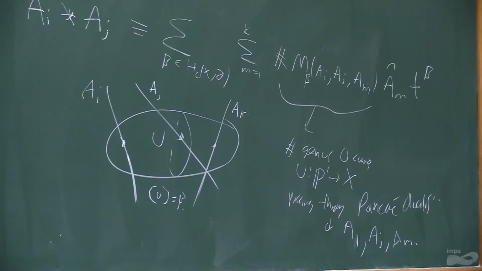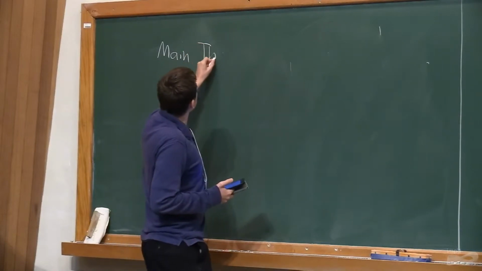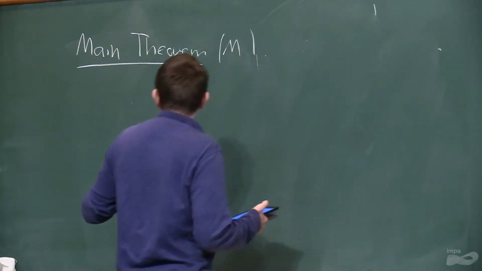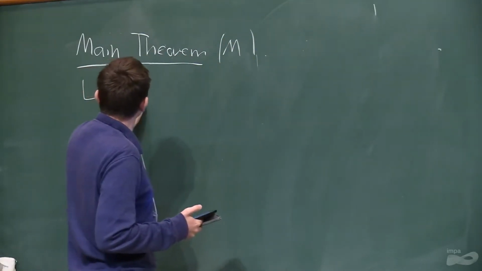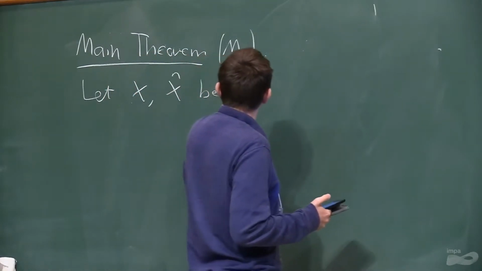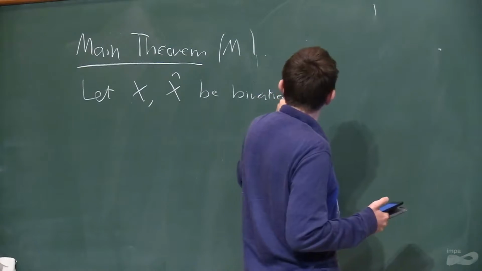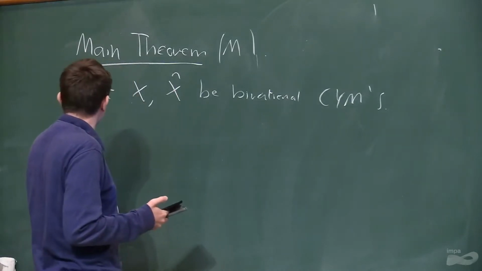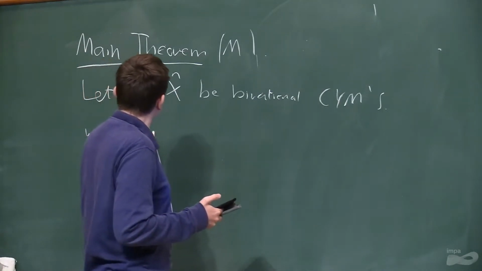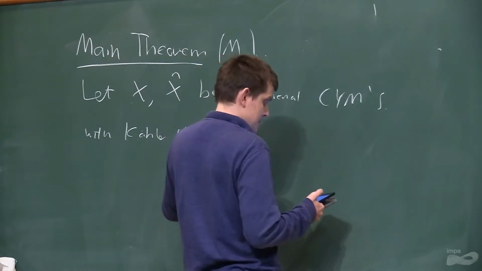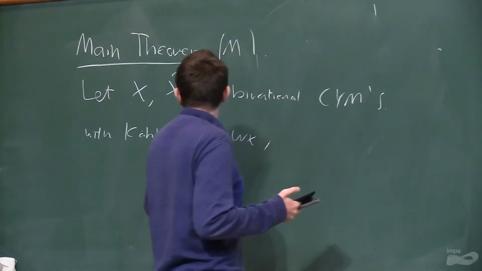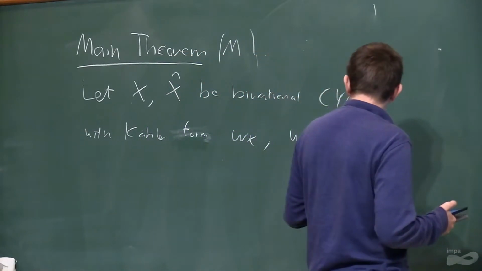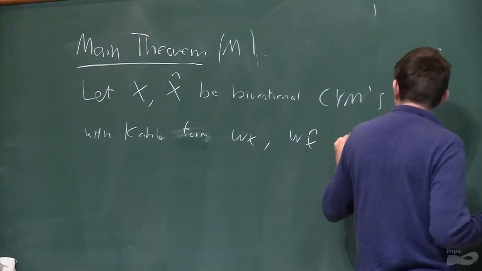Okay, so here's the main theorem. So we have these two birational Calabi-Yau manifolds. And we choose Kähler classes, Kähler forms, omega X and omega X hat, and they need integral lifts, so admitting integral lifts.